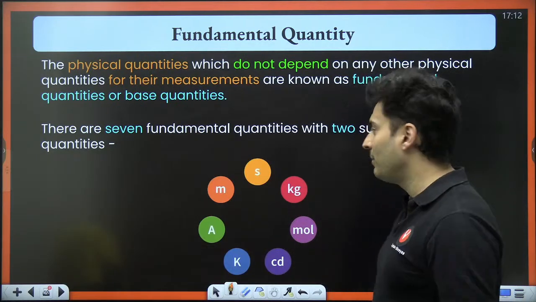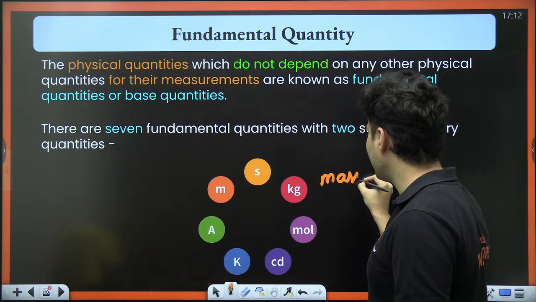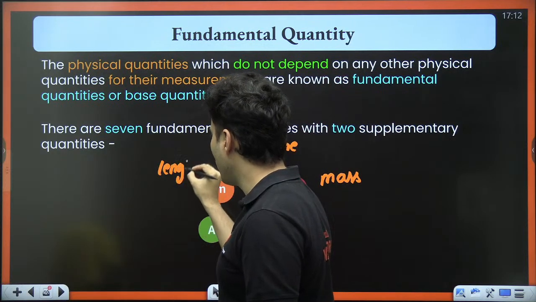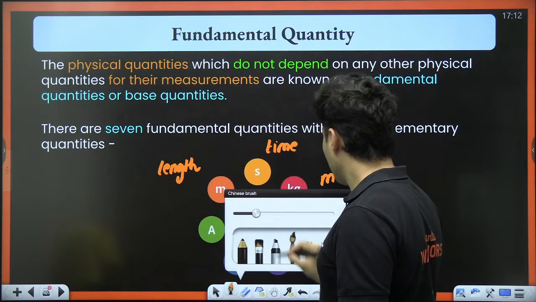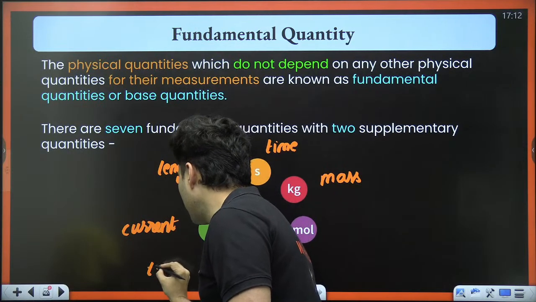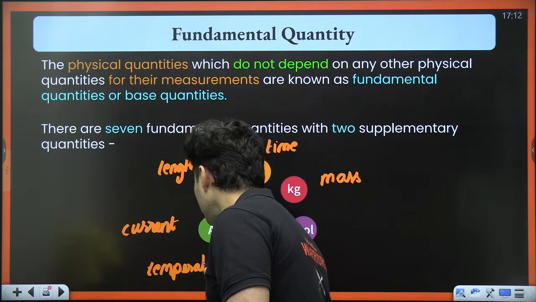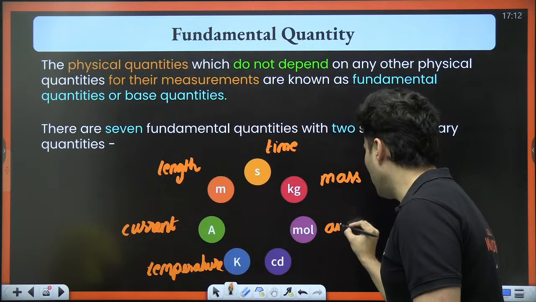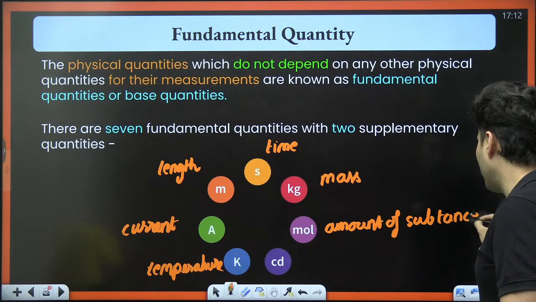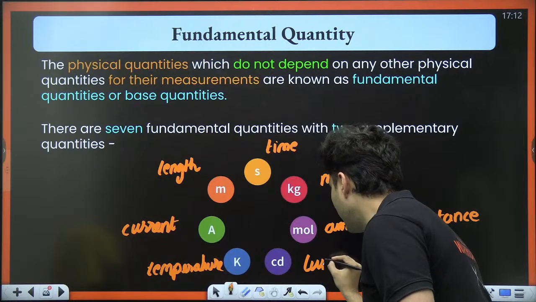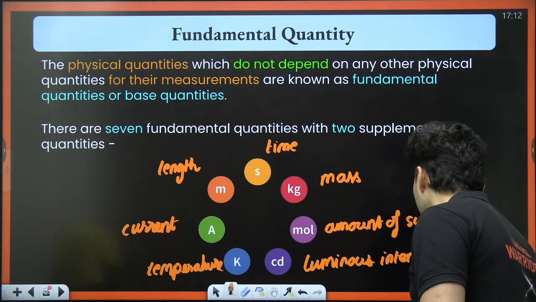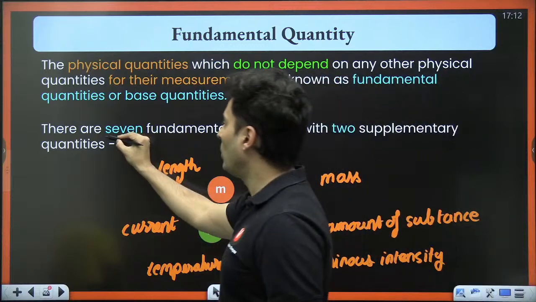So the 7 fundamental quantities are, I'll just put it over here: mass, then time, then length, then current, then temperature, then amount of a substance, and then something called luminous intensity. These are your 7 fundamental quantities.